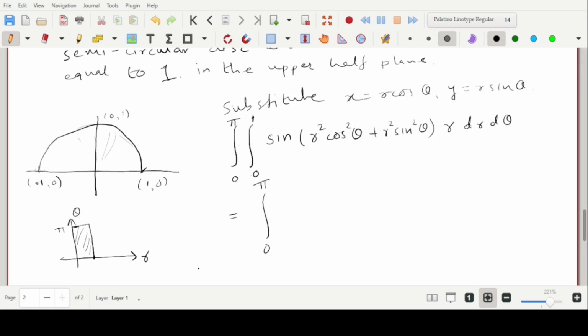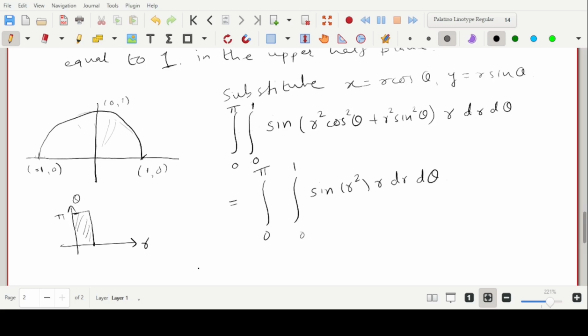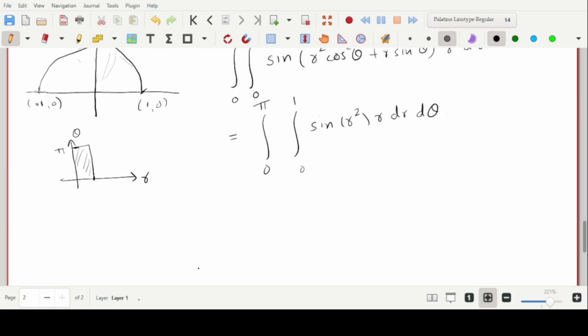Integral 0 to pi, 0 to 1, sine of r square, r dr d theta. All right. Okay, so now to integrate this inner integral, we shall have to use substitution.